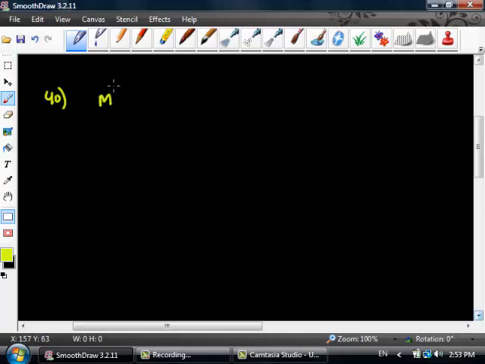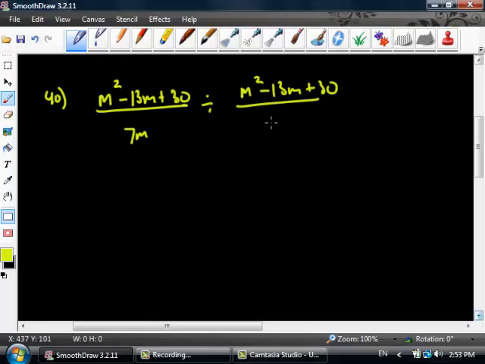So I've got m to the third times m squared minus 13m plus 30 over 7m, divided by m squared minus 13m plus 30 over 10m to the third plus 30m squared. Okay, when we divide two rational expressions, we have to flip the second one.